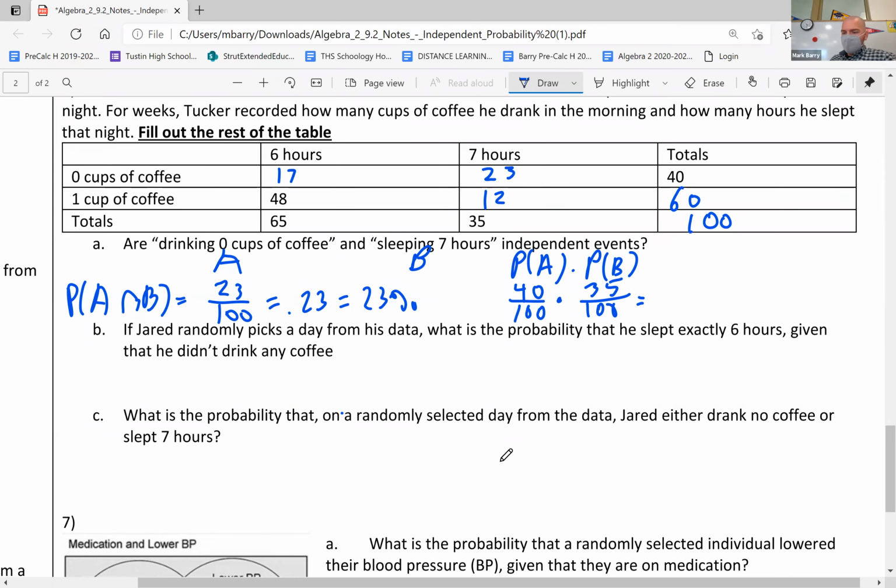All right. So I can do that on a calculator, and that comes out to 0.14, 14%. So since those two answers came out differently, these are not independent events.